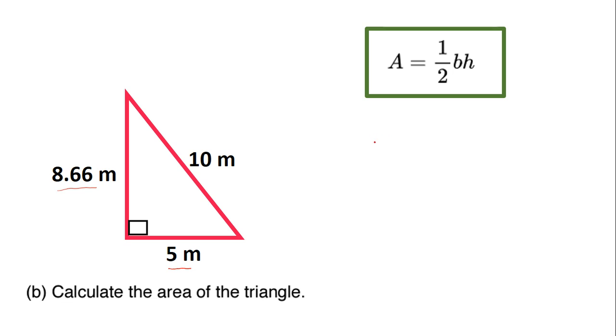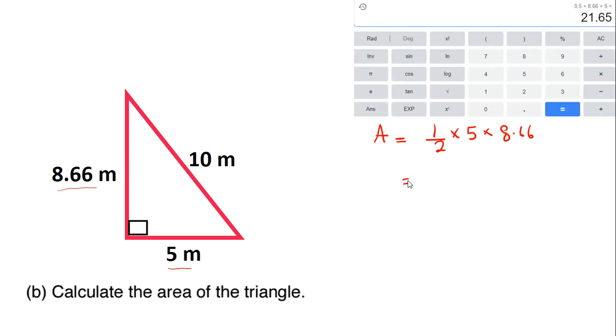So if I put in all this information, the area, or the A, is equal to half times the base, that's 5, times the height, that's 8.66. Now, if I put that in my calculator, I get something like this, 21.65 meter square. Now, this is the area of this specific triangle.